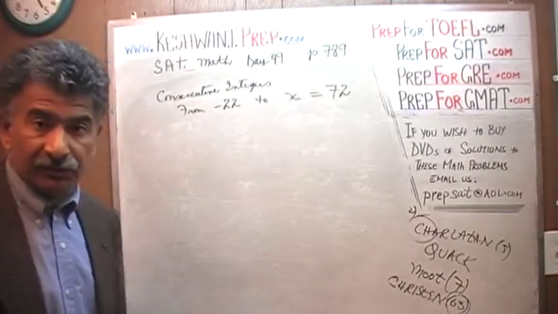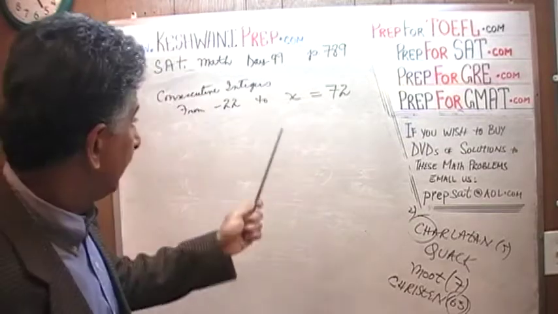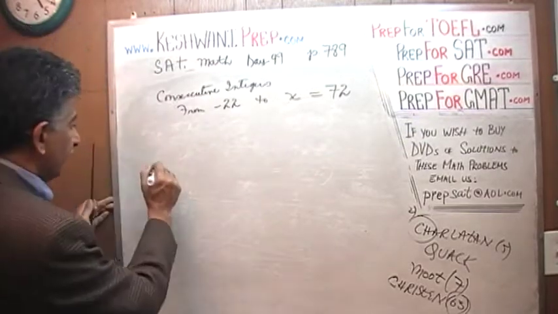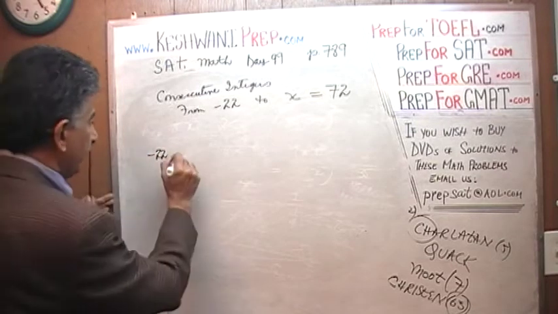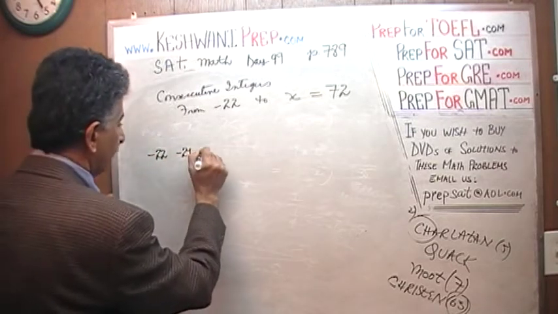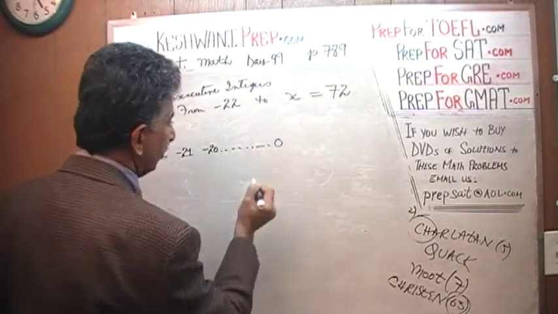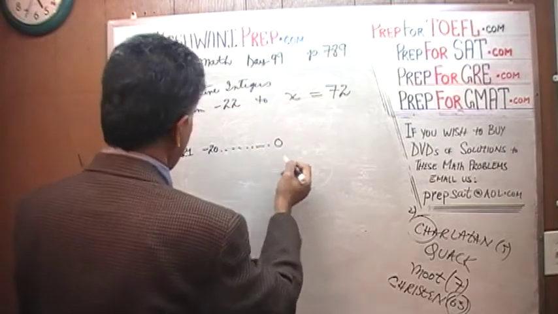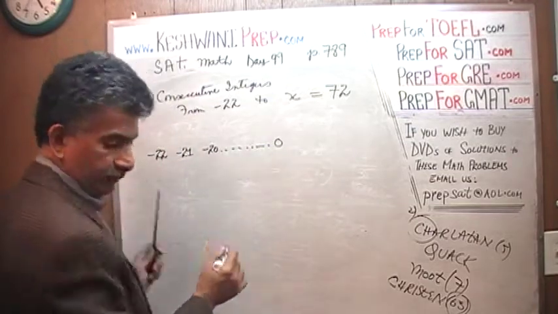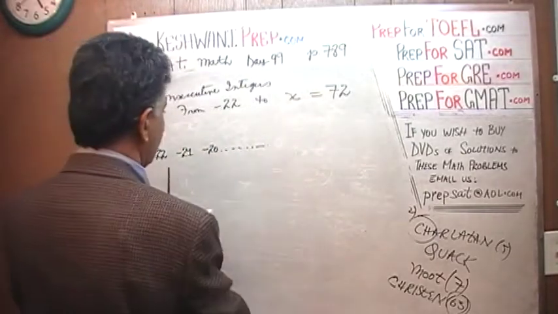These are consecutive integers, starting with -22 and ending at x. So the very first one is going to be -22, and since they're consecutive integers, the one after that is going to be -21, the one after that is going to be -20, so on and so forth. Then eventually we're going to hit a 0. I need more room, so I'm going to continue here.